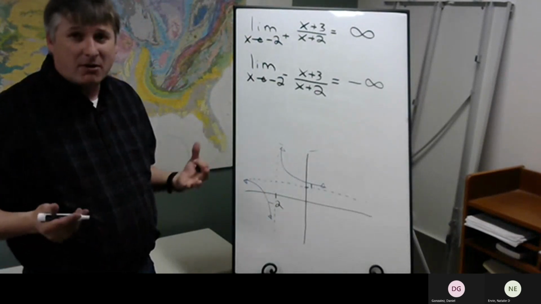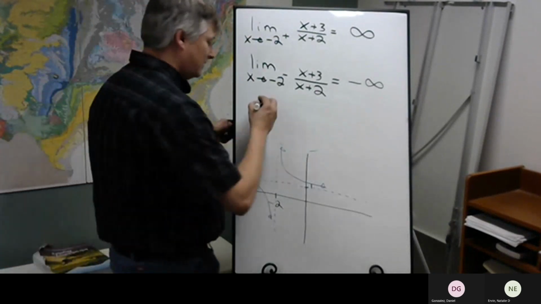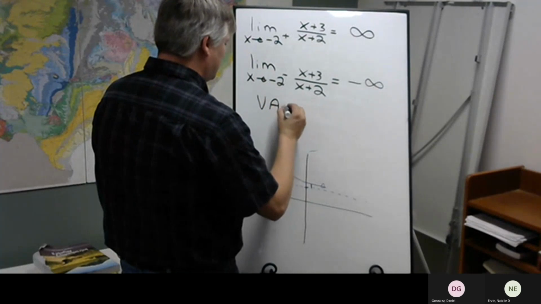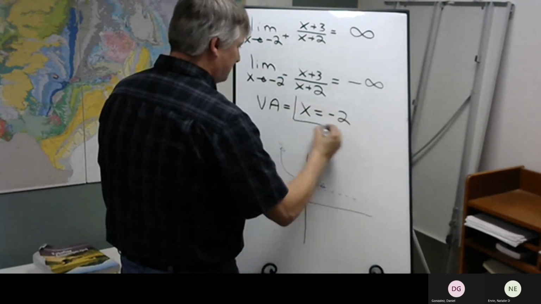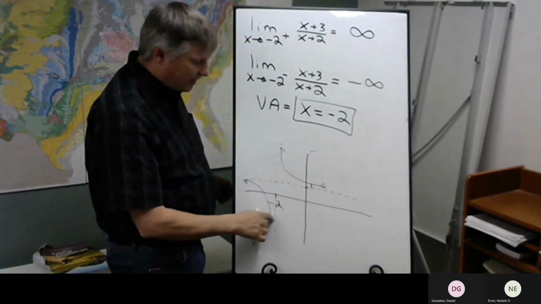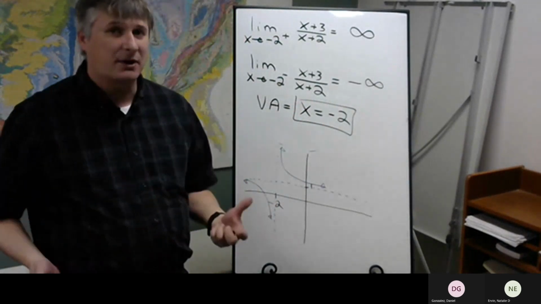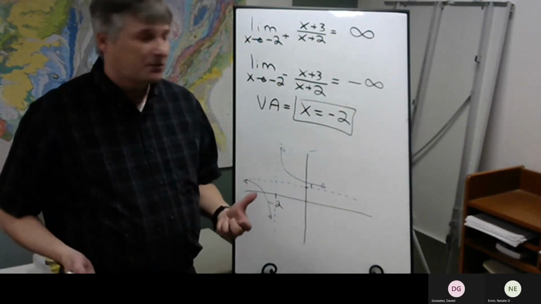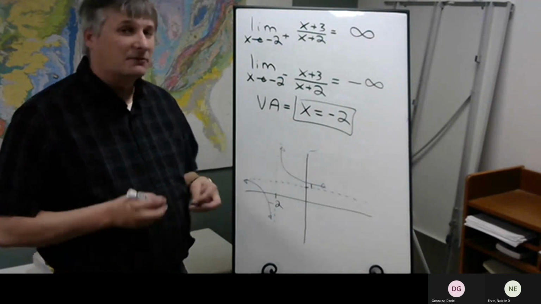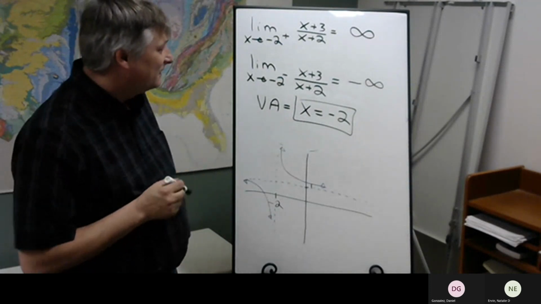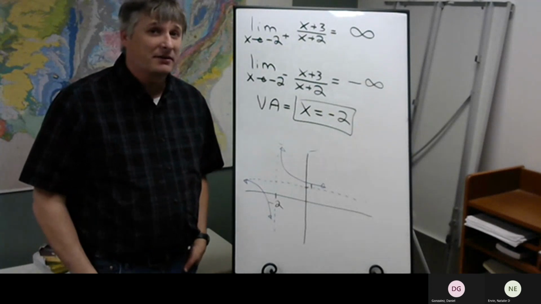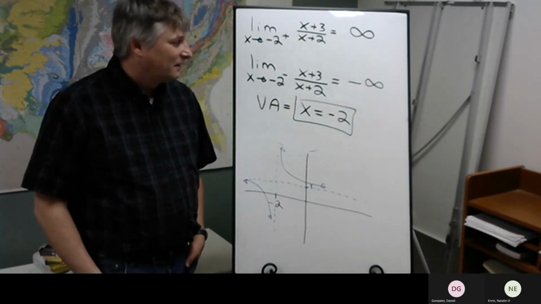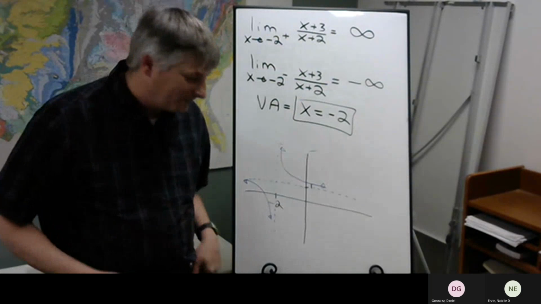So using calculus, we've shown that the vertical asymptote is x equals negative 2. This line satisfies the criterion using limits that it is in fact the vertical asymptote. There we go. Questions about that? All right.